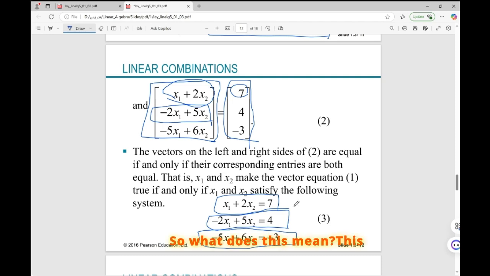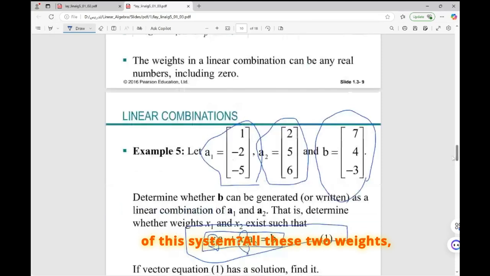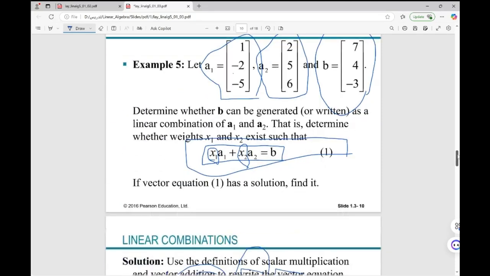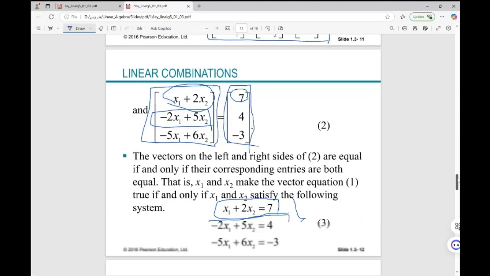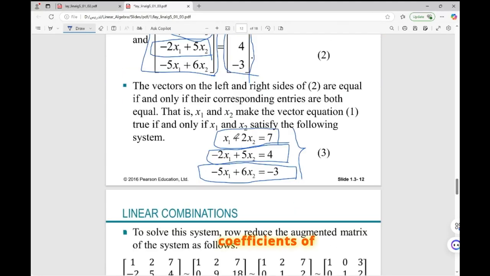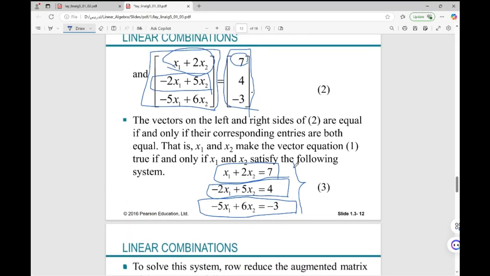So what does this mean? This means we have a system of linear equations. What are the variables of this system? These two weights, x1 and x2. And what are the coefficients of this system?